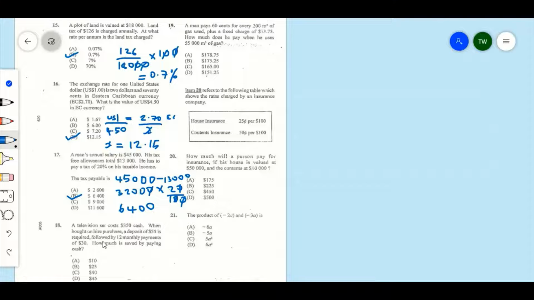So now we need to determine what the hire purchase cost is. We know that the hire purchase cost is going to be a deposit of $35 plus 12 monthly payments of $30. So that's going to be 35 plus 12 times 30.